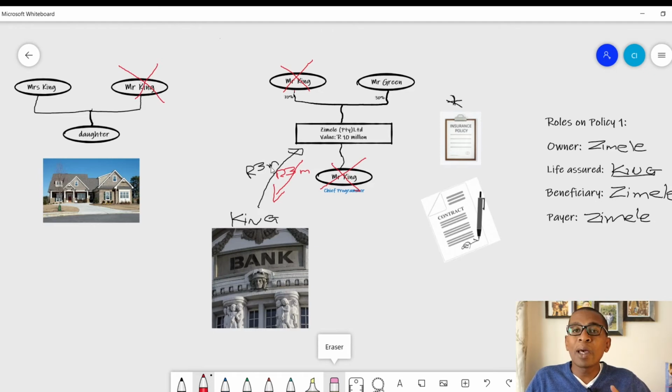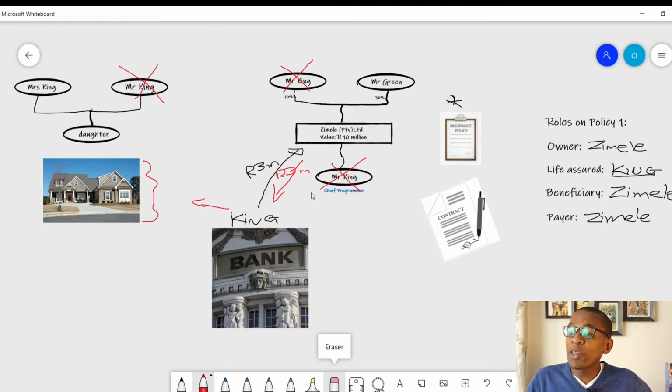Now, if Zimele has the cash, all well and good. However, if Zimele doesn't have the cash, Mr. King wants to have peace of mind that the house that he actually used as security, the bank doesn't try and attach, because now he's no longer around and he had used it as security.